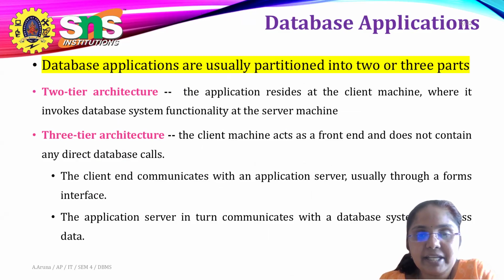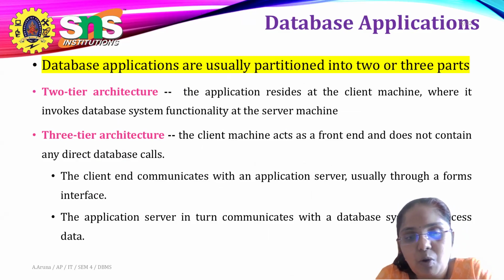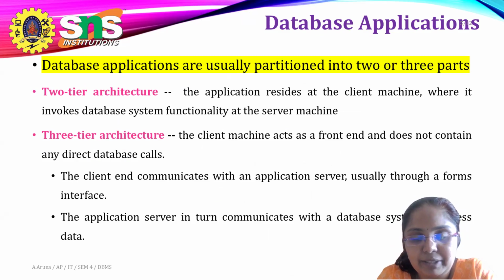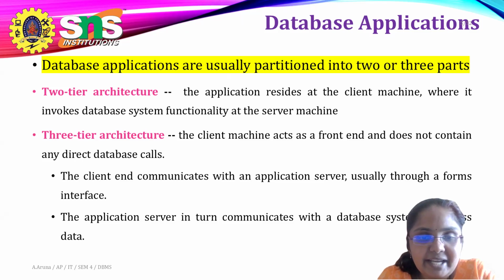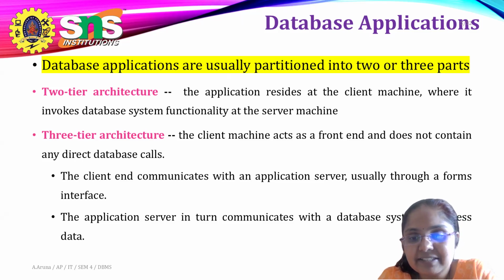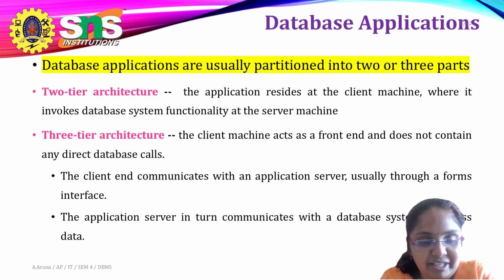Database applications are usually partitioned into 2 or 3 parts. One is the 2-tier, another one is the 3-tier. In 2-tier, the application resides at the client machine, where it invokes the database functionality at the server machine. In 3-tier architecture, the client machine acts as a front end and does not contain any direct database call. The client end communicates with the application server, usually through forms interfaces.